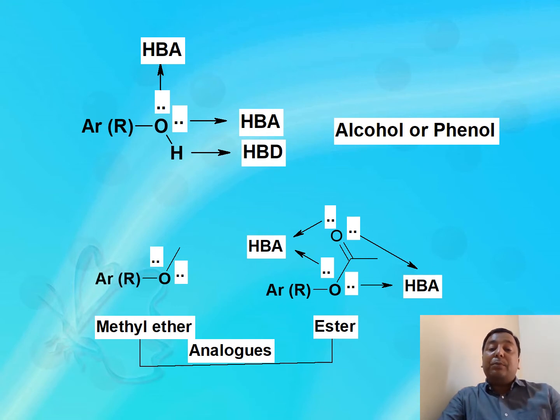O is a highly acceptor atom, and the hydrogen bond donor property is H. So here are alcohols and phenols, forming bonds between the acceptor and donor atoms. Another example, methyl ethers and esters have this type of interactions, and their analogs also must have this type of interactions, okay? Maybe a few minor changes will be there, and those analogs also may give good drug likeness properties and good activities in the binding sites.